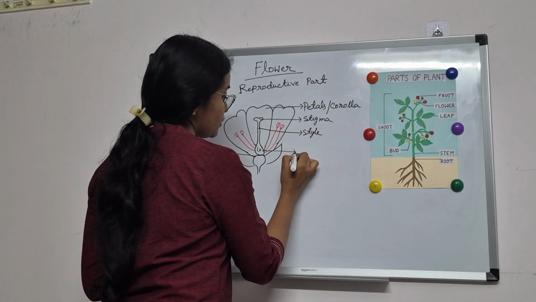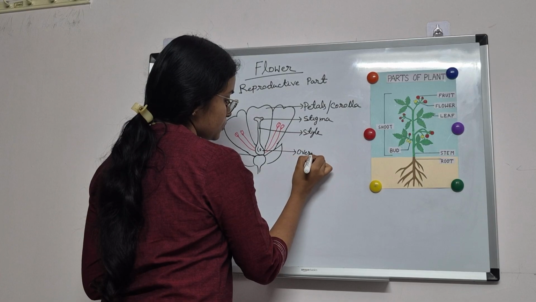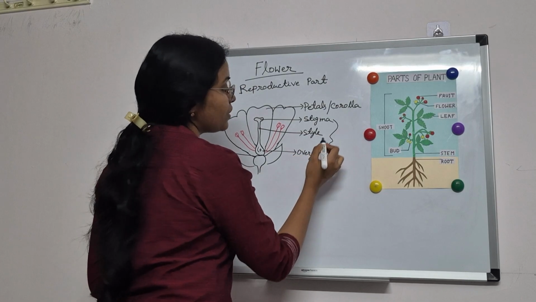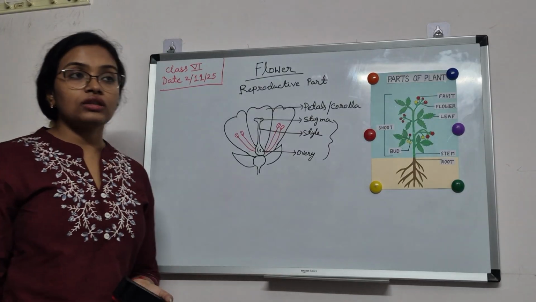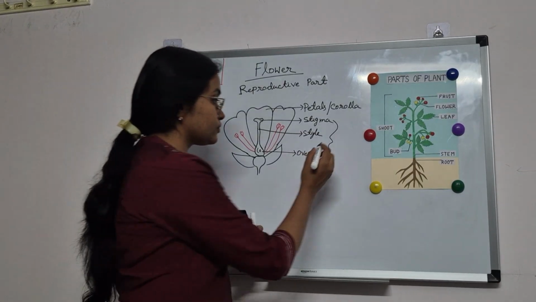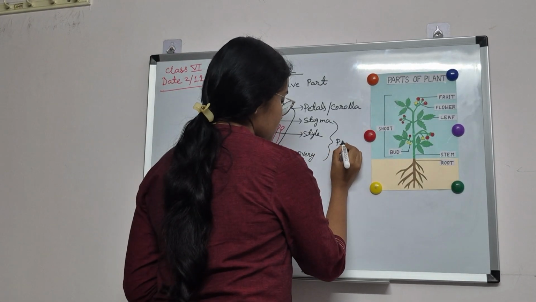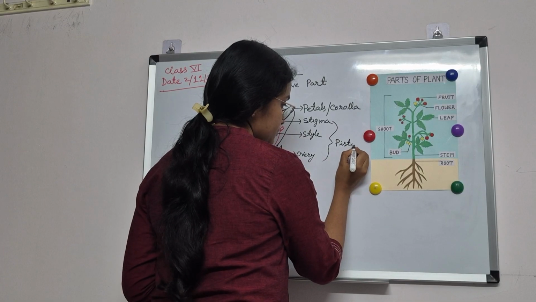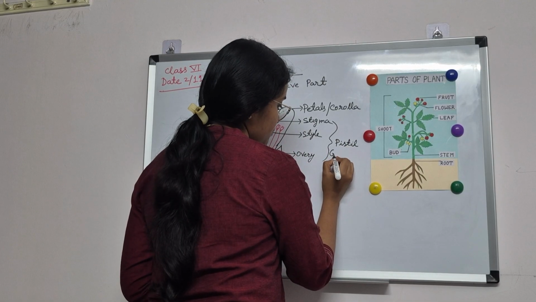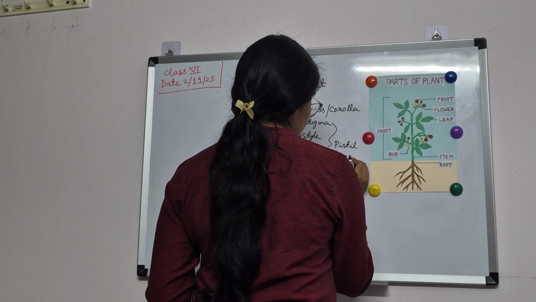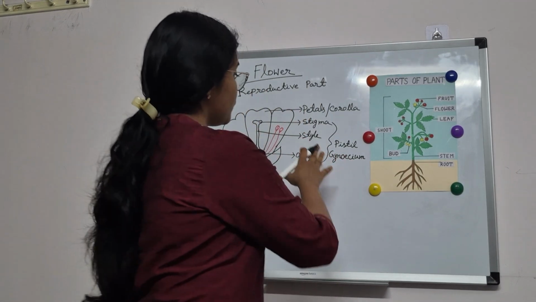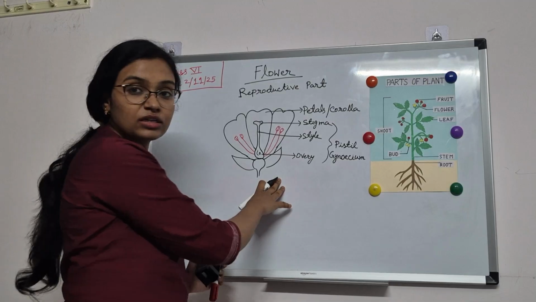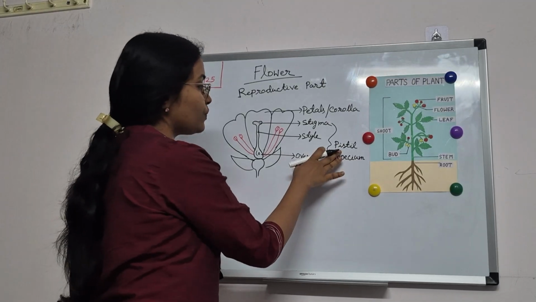And it is the ovary. These 3 parts together form the gynoecium or the pistil. This is the female reproductive part. This is gynoecium or pistil.